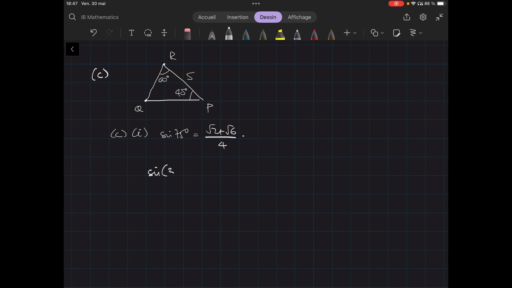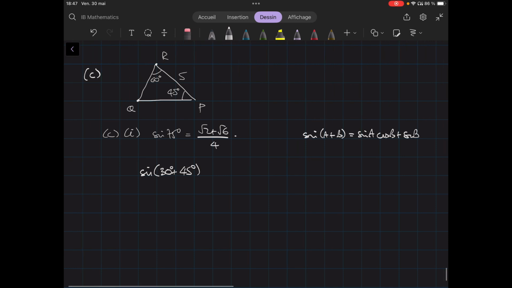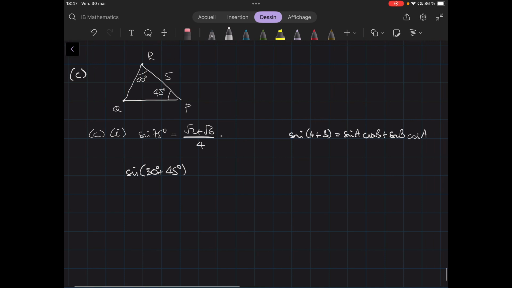75, we can break it down into 30 and 45. The compound angle formula for sine says that sine of A plus B is equal to sine A cos B plus sine B cos A. In this case, A is 30 degrees and B is 45 degrees. So I'm just going to do that real quick. Sine of 30 degrees, that is 1 over 2.